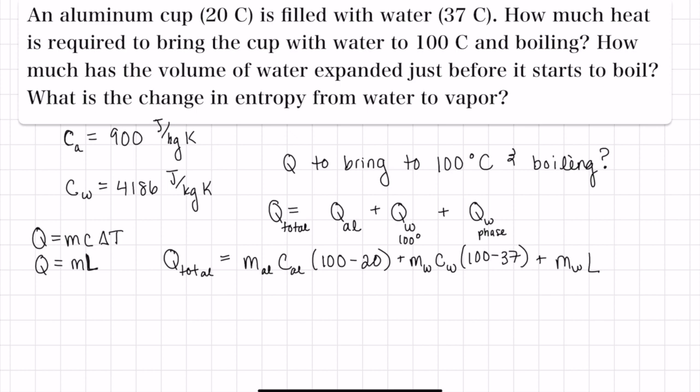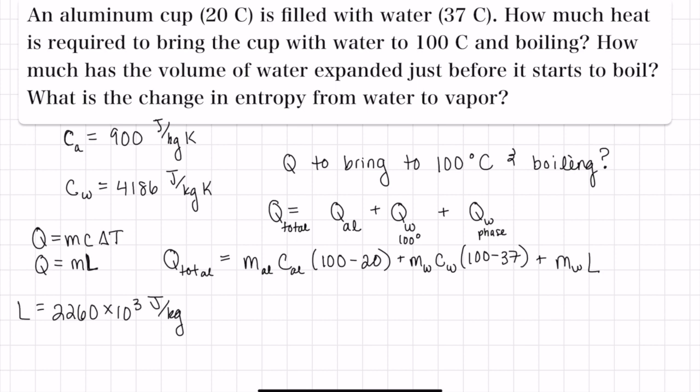I'll just write that as L. That L is going to be 2,260, and that's kilojoules per kilogram, so I'm just going to write that as 10 to the 3 joules per kilogram.